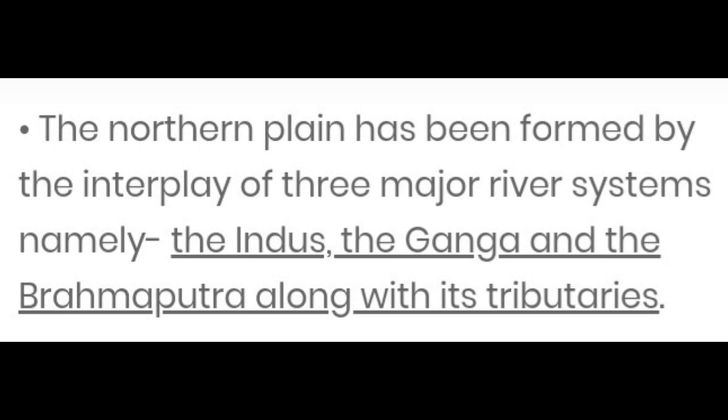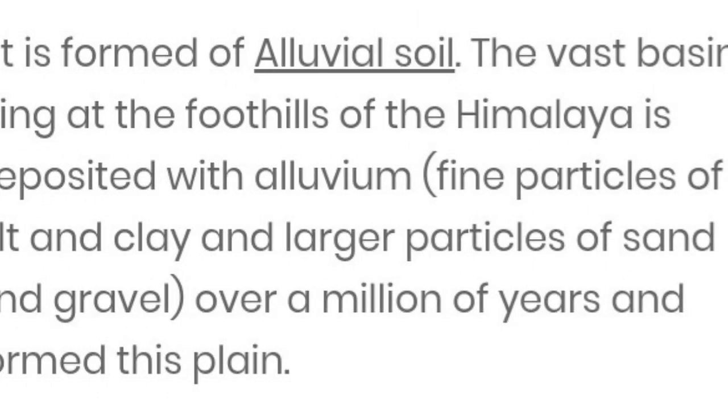The three major river systems are the Indus, the Ganga, and the Brahmaputra along with its tributaries. So the first feature is its formation: it is due to the rivers Indus, Ganga, and Brahmaputra and their tributaries.